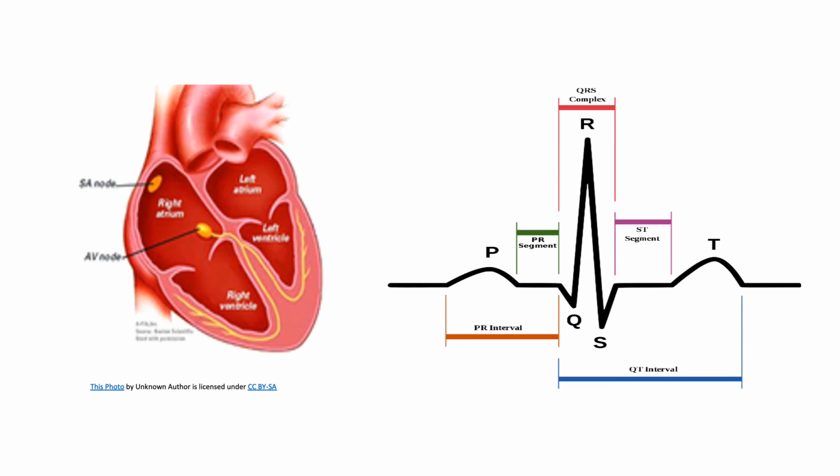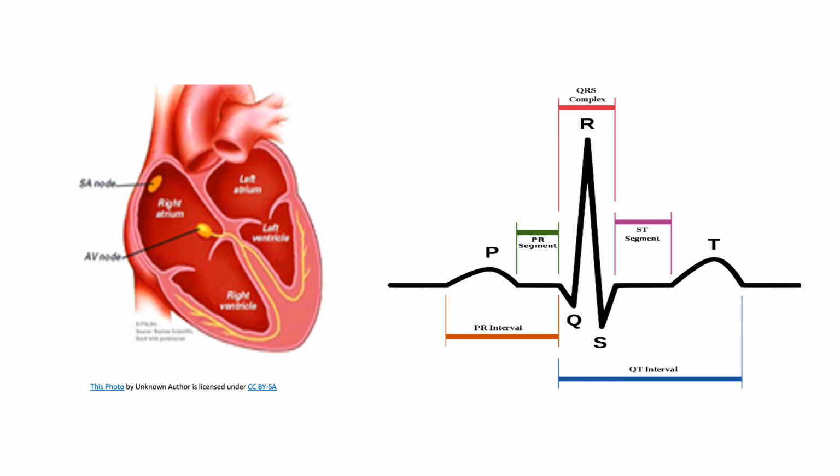Normally, our heart beats 72 beats per minute, but it can range between 60 and 100. So any heartbeat between 60 and 100 we call normal in a resting state. If the patient is resting and has a heartbeat between 60 and 100, it's normal.